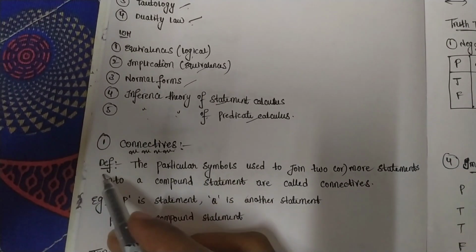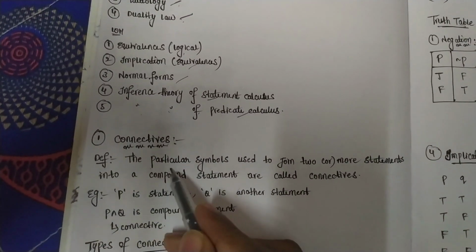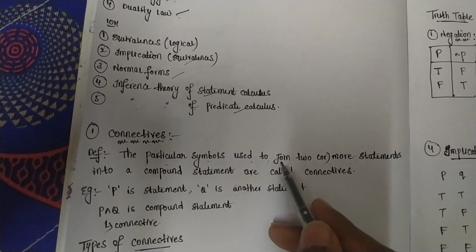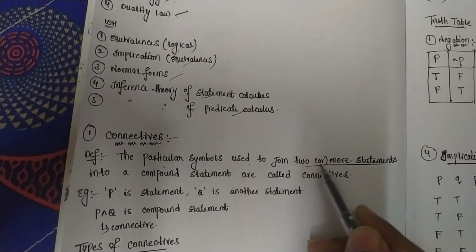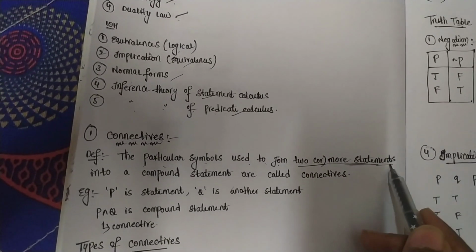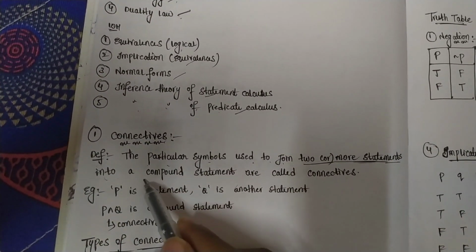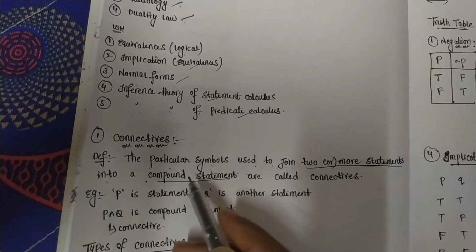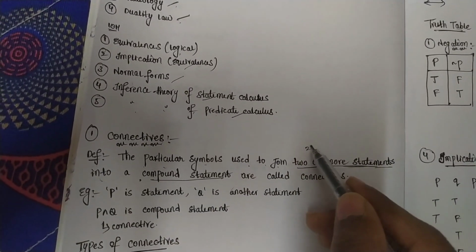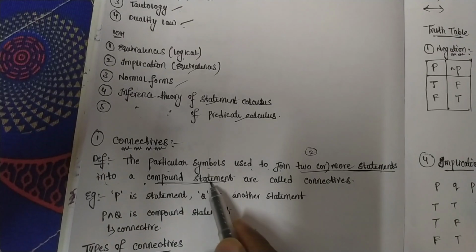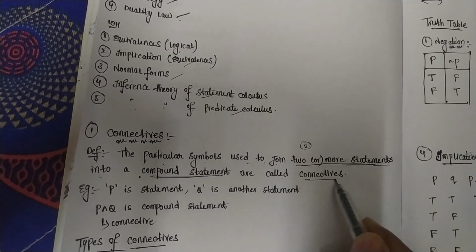Here the definition of connectives: a particular symbol used to join two or more statements into a compound statement. That is, you are joining two statements to form one compound statement, and that is called a connective.